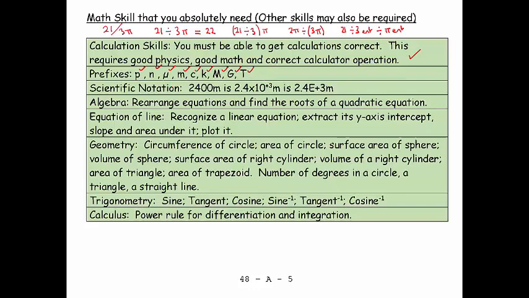We'll talk about scientific notation. 2,400 meters could be written as 2.4 times 10 to the 3 meters, or 2.4 e plus 3 meters. That's the engineering notation. I wouldn't particularly use scientific notation on that number there because there's not enough zeros.